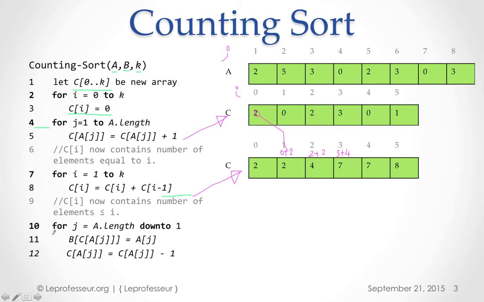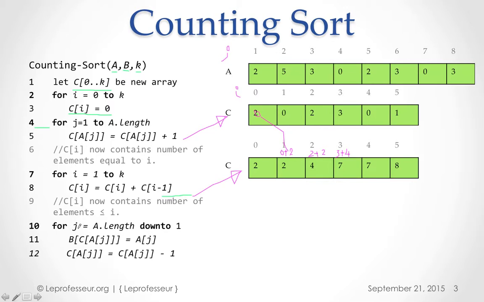Now our job is simple. We use this information which we have in C to sort the values in input array A. How do we do that? Let's say this loop: for j equal to A dot length down to 1. A dot length means for input array A, how many elements are there? There are 8 elements, so 8 down to 1.